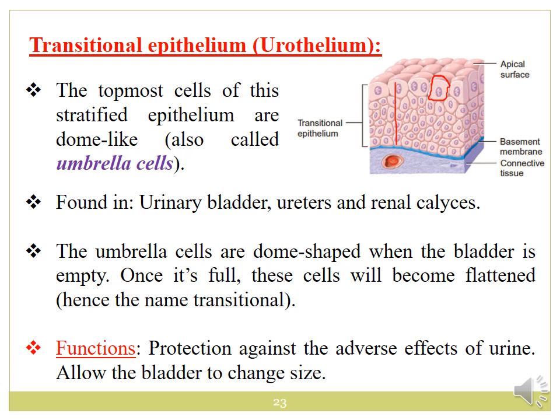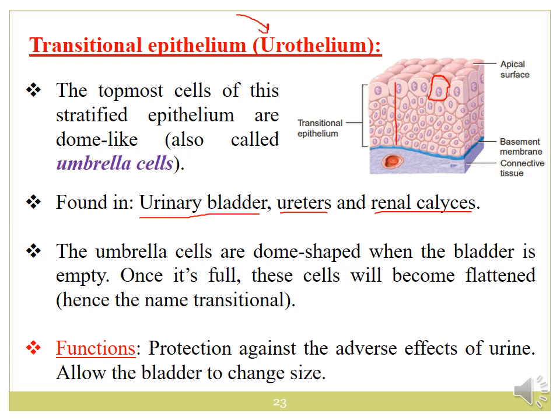It is convex. And these cells are called umbrella cells. It is found in the urinary bladder, the ureters, and the renal calyces, which are all organs related to the urinary system, and therefore this is called urothelium, the epithelium of the urinary system.